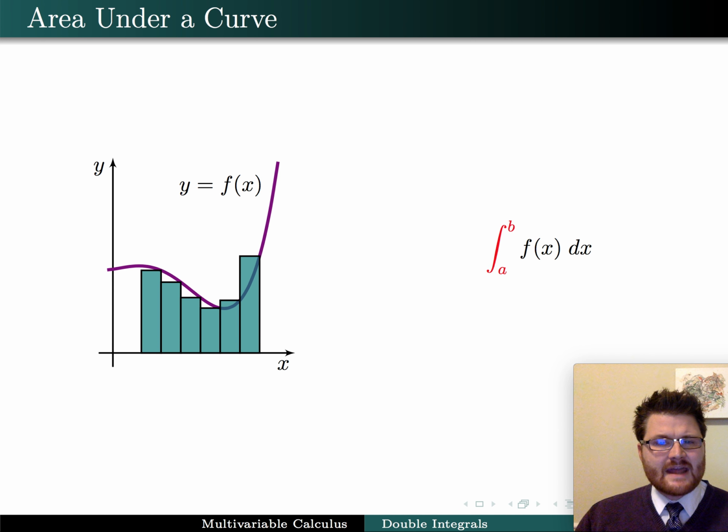Then we just add up every rectangle over the portion of the x-axis that we cared about to get the actual area under the curve. And that's what the definite integral was with a function of a single independent variable.